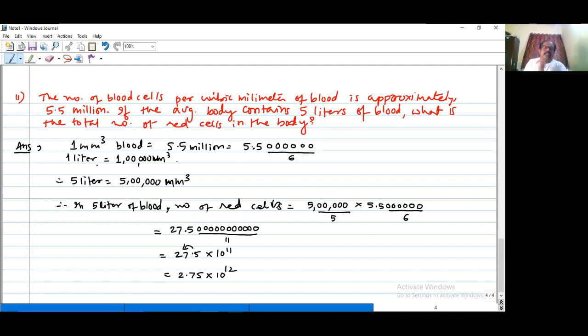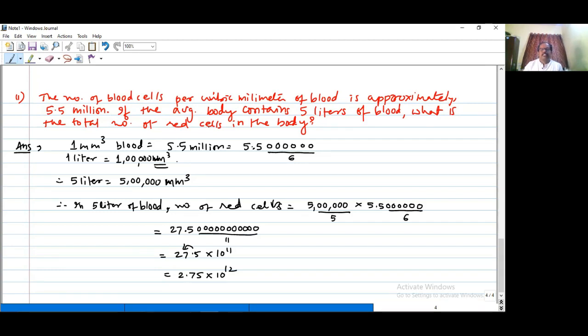Now, we know that 1 liter is nothing but 1 lakh millimeter cube. Right? This is the expression, or we can convert liter in terms of millimeter cube in this way. As the red cells are given per millimeter cube, we have expressed this 1 liter in terms of millimeter cube. It is 1 lakh millimeter cube, right?